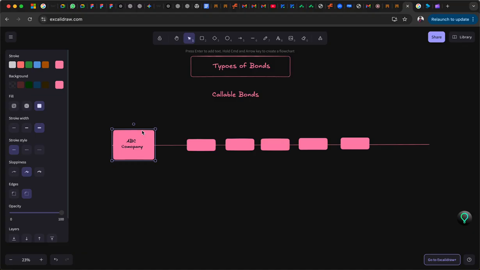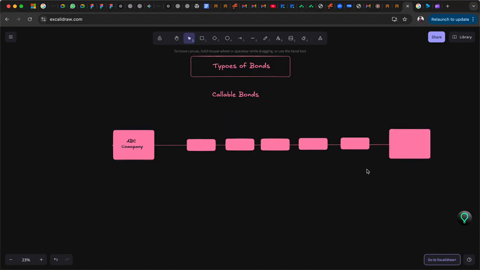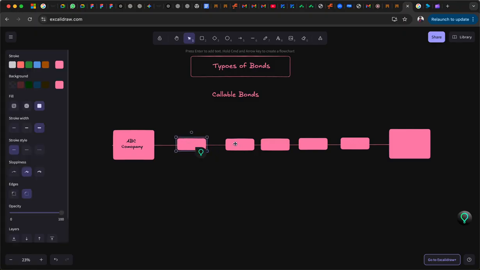And the investments will mature here, meaning after 5 years, the investment will mature. Okay.